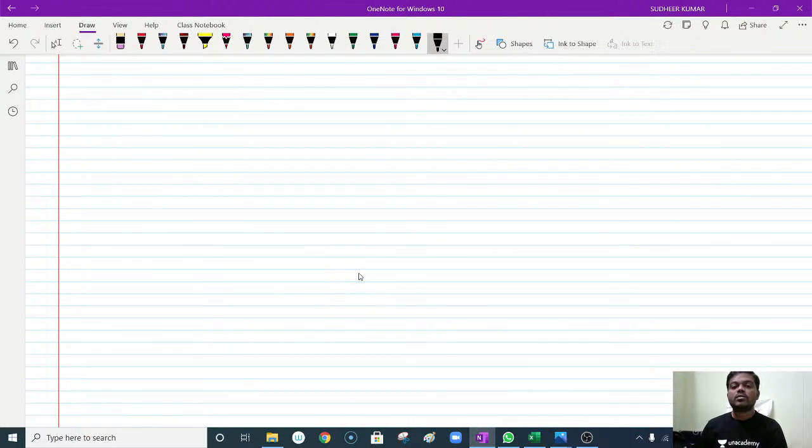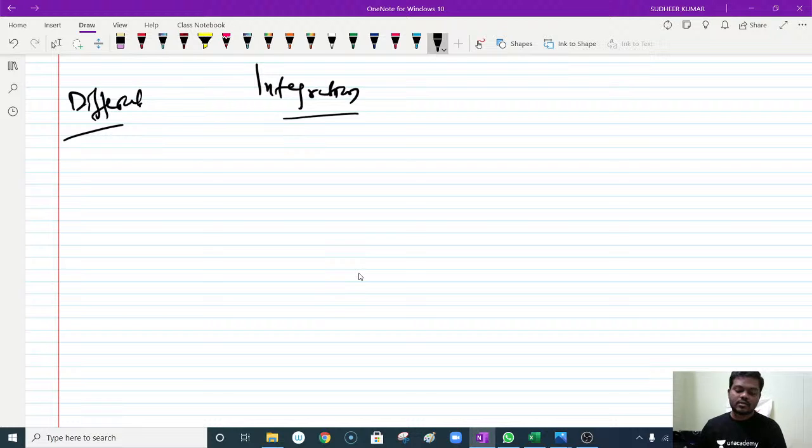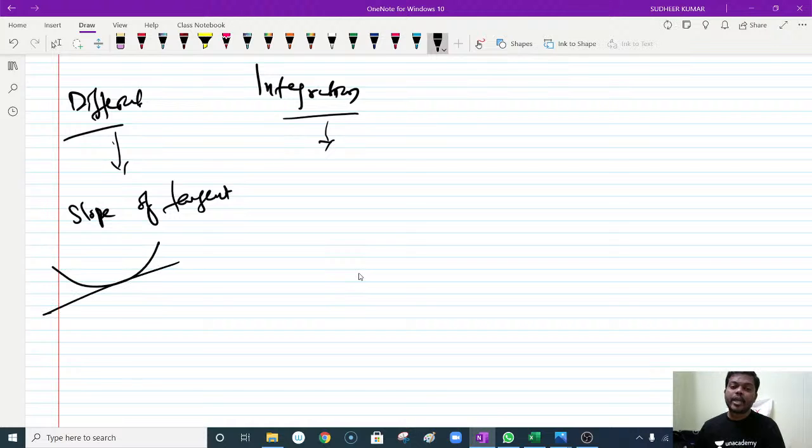And the last concept in calculus is integration, and differential equations. So mainly differentiation and integration. What is differentiation and integration? Where will we use these? Differentiation is to find the slope of a tangent, the slope of a curve at a particular point.